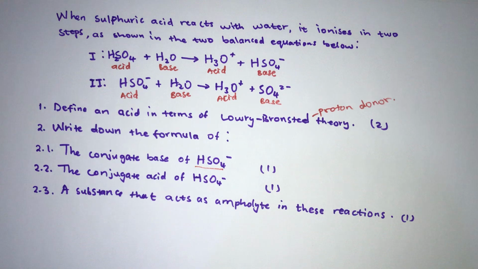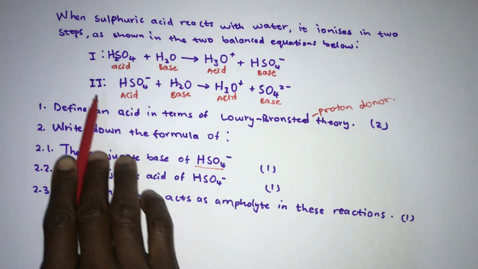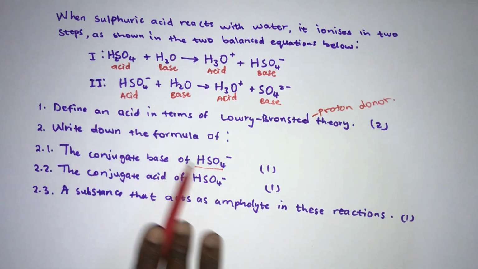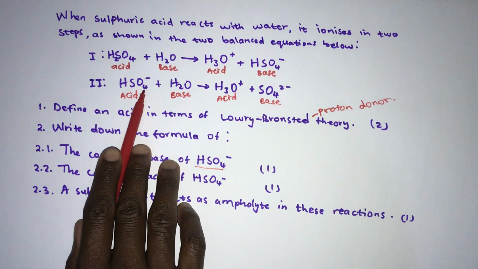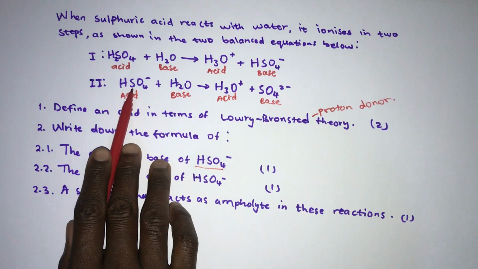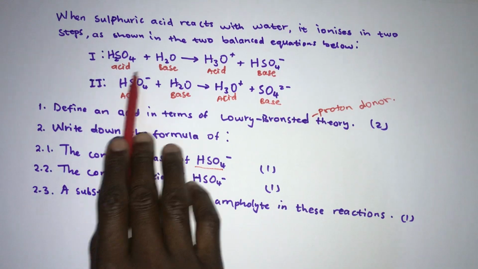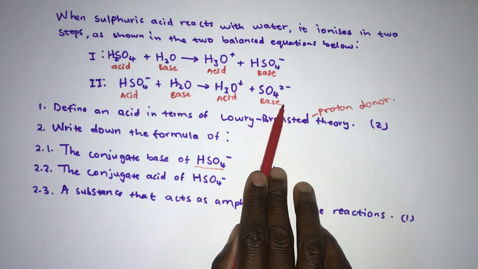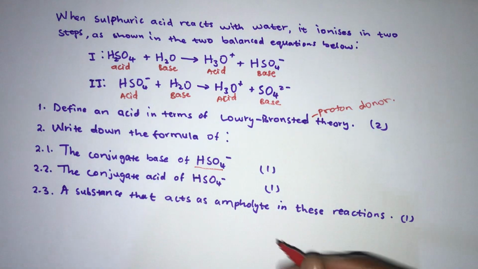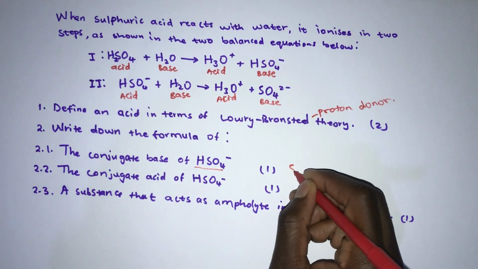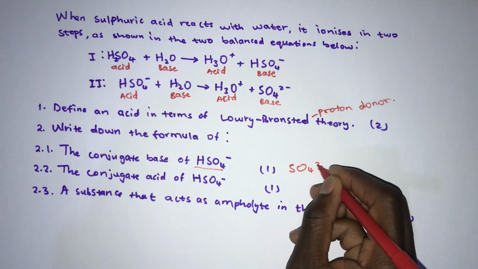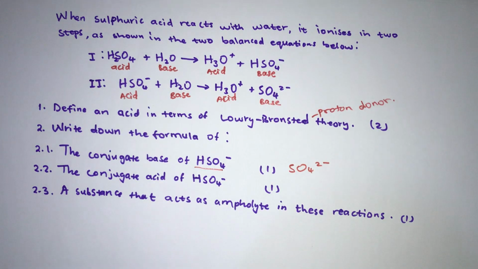So reaction number 2, you see HSO4-, it is an acid. So the conjugate base of this one is what? Since it was an acid, it became a base since it gave the hydrogen away. I'll write here, SO4 2-. That is the conjugate base of HSO4-. Just like that.